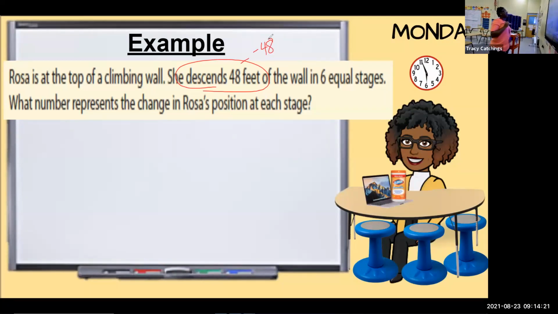All right. What else is important? 6 equal stages. Good job. So let's stop and think. If they gave me my whole amount and then they said it got 6 stages, would that be multiplication or would that be division?